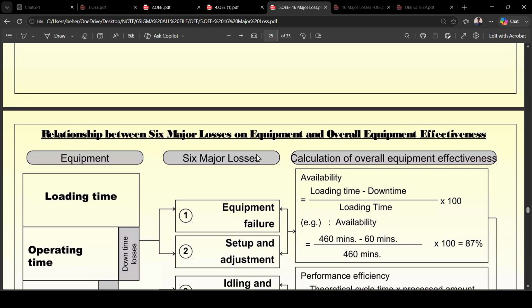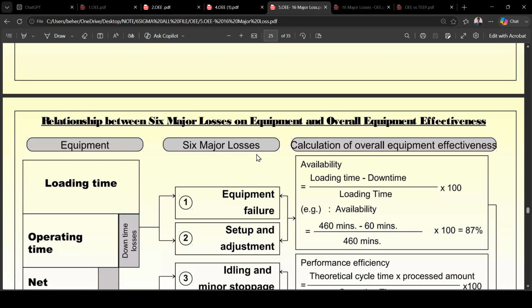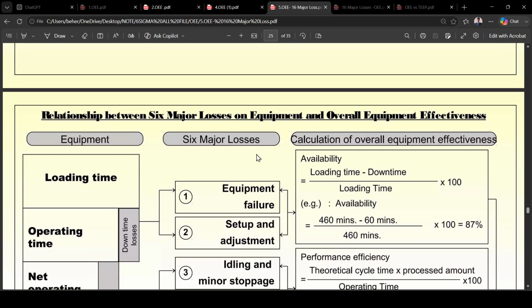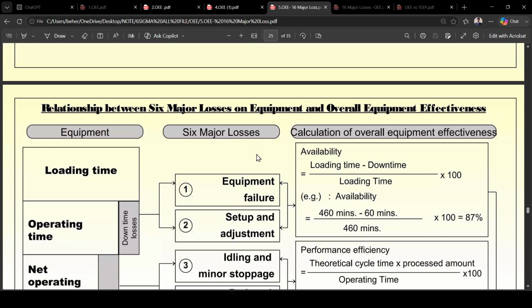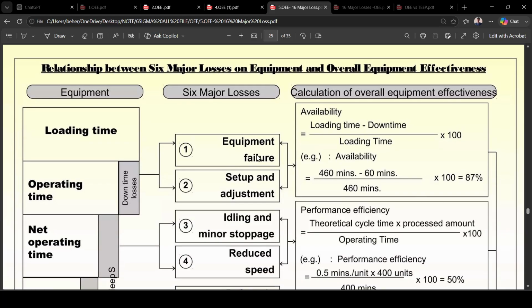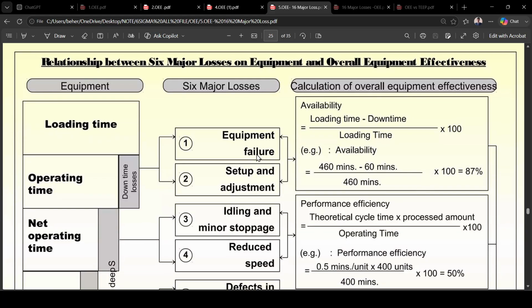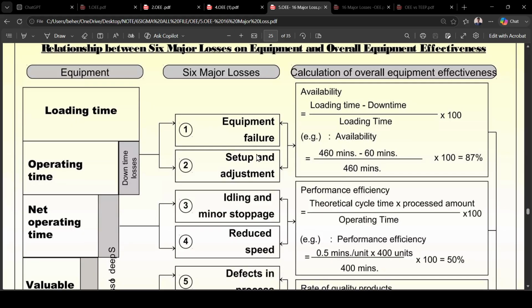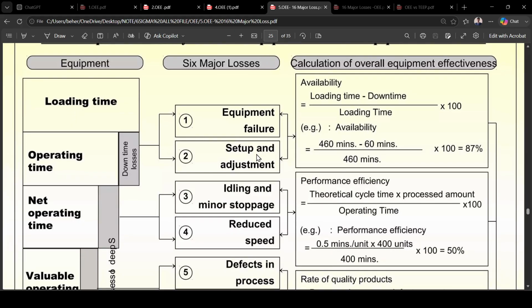Then the relationship between the six major losses on equipment and overall equipment effectiveness. So this is the table, you can clearly understand about the six major losses and overall equipment effectiveness calculations. Then you can understand everything.